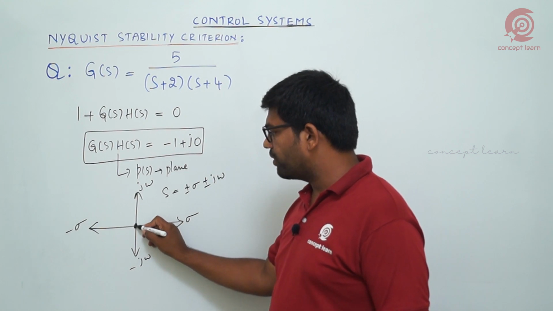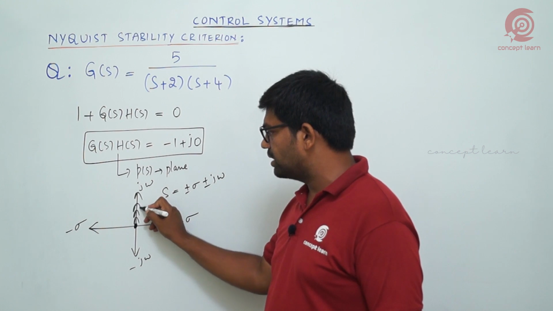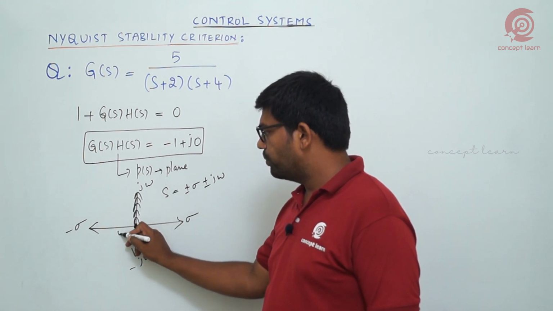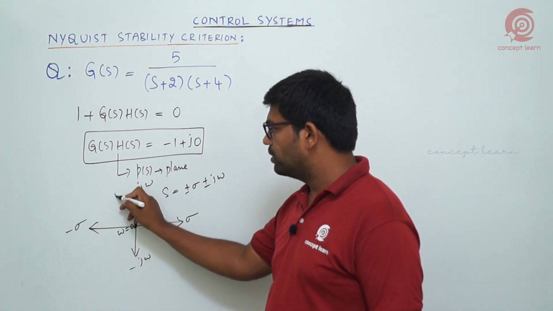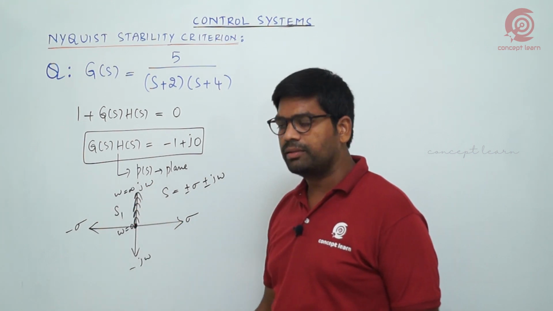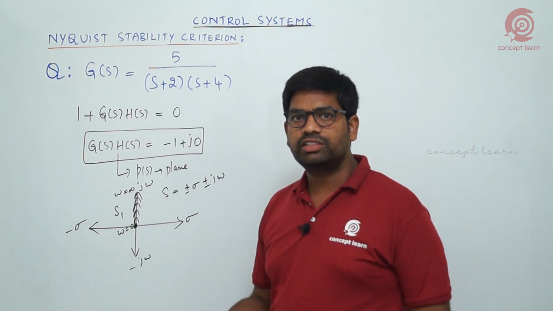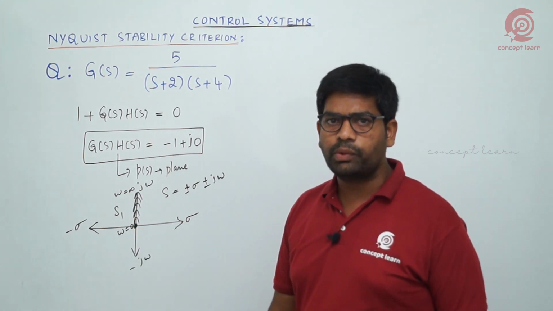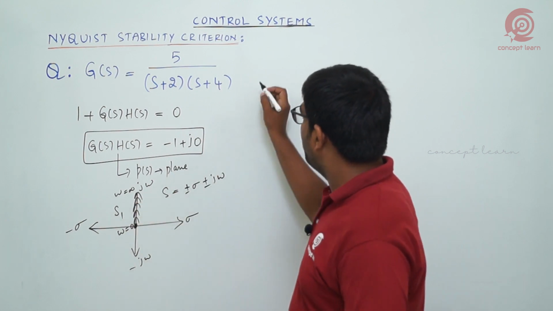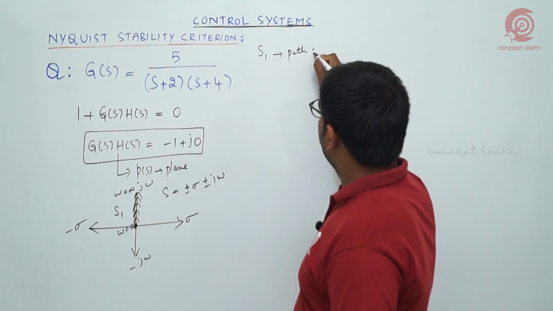If I am starting from here, this is along the imaginary axis, that is the positive imaginary axis, omega is changing from 0 to infinity. This one I am considering as the S1 path. When omega is changing from 0 to infinity in the frequency domain, you are drawing a polar plot. For the S1 path, we need to draw the polar plot.